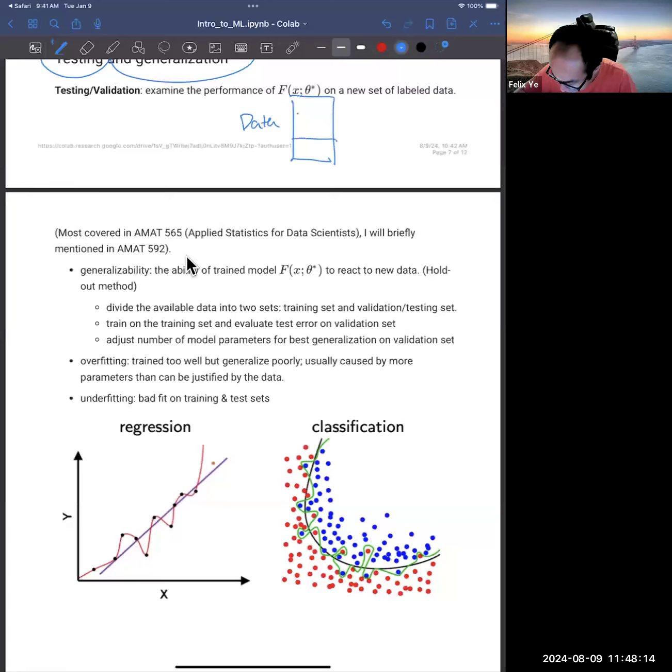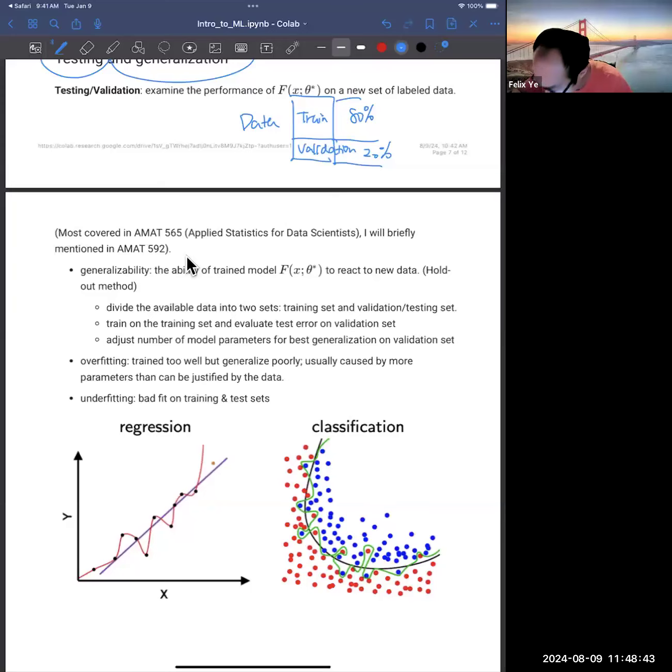One is the training set, and the other is either testing or validation. Usually it's like 80% and 20%. So you actually have to manually split this data set into a training set and a validation or testing data set.